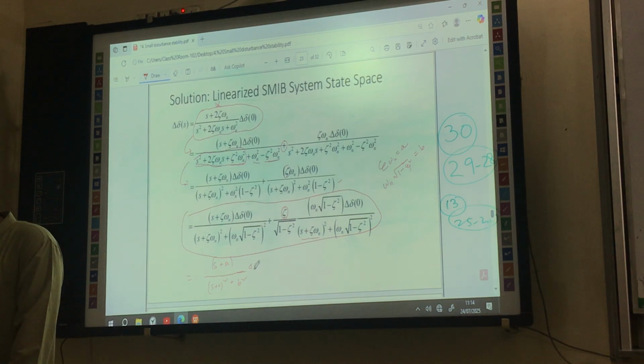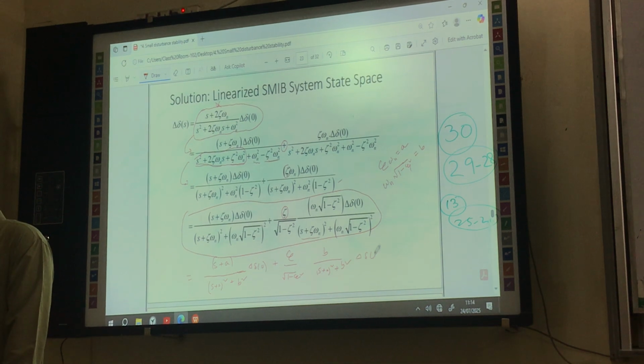And it is del delta of 0. For this case it will be the same thing, zeta over root 1 minus zeta square, and this term is nothing but the b, and in the denominator it is s plus a square plus b square, right? And del delta of 0.